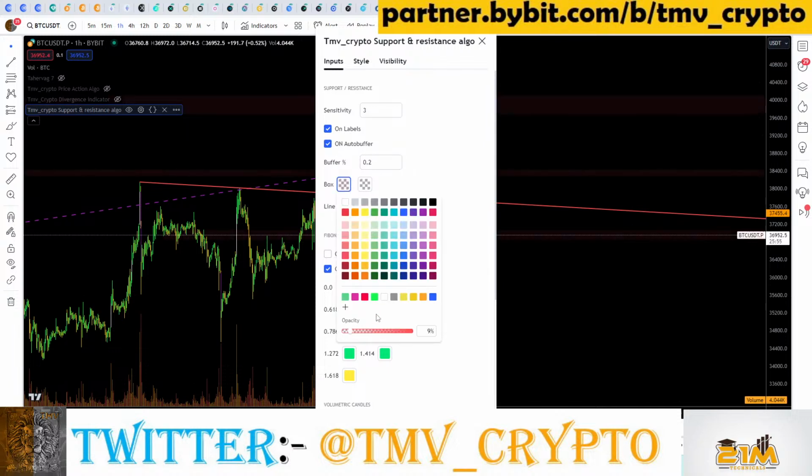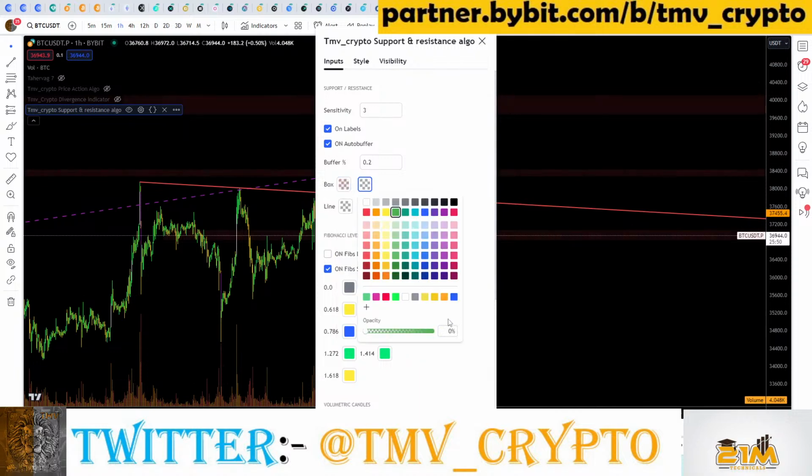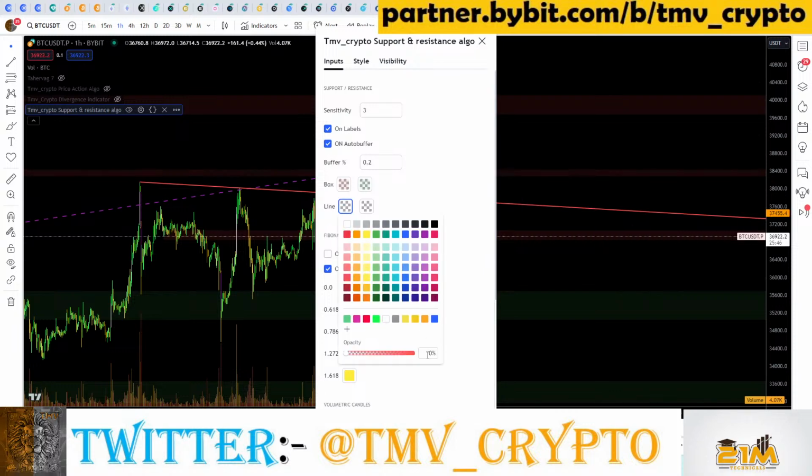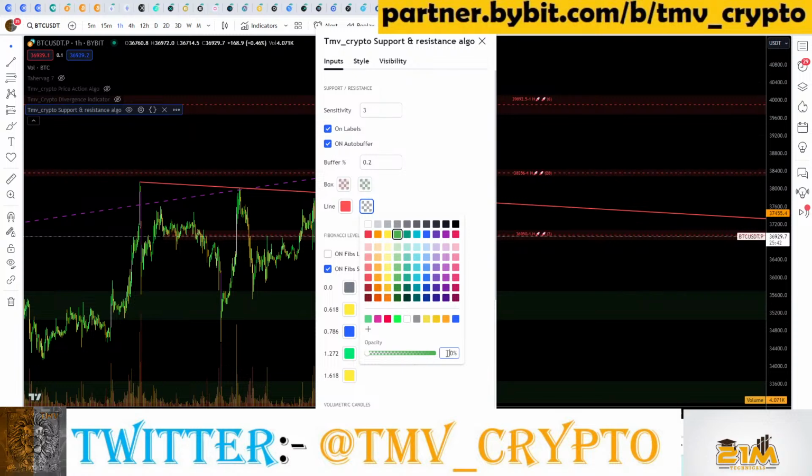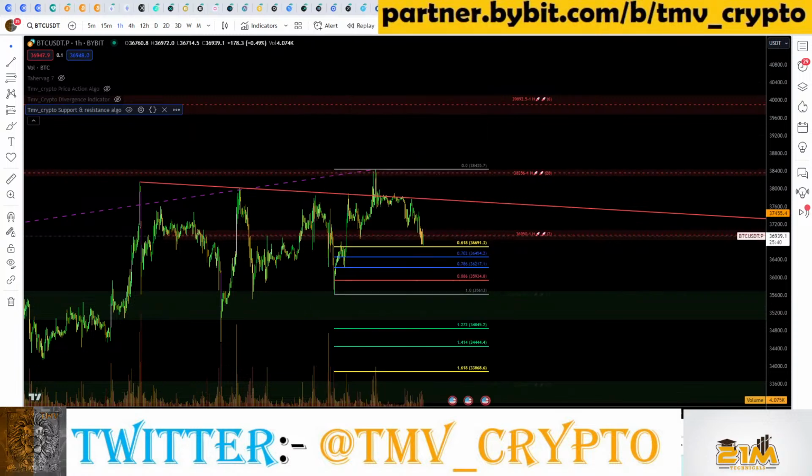So basically, if I just have to tell you, look at the fibs over here, I'm just going to set an opacity of 10 for a line. Just going to keep it 100. So in case you see here, we are having 36,950 levels.